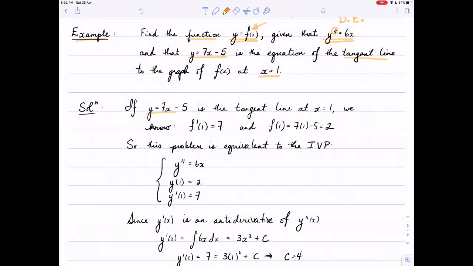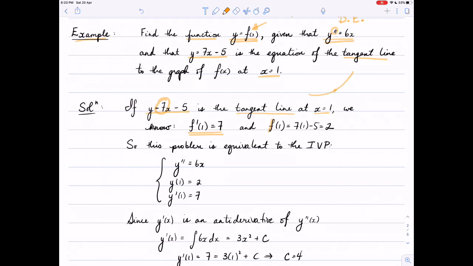And if y equals 7x minus 5 is the tangent line at x equals 1, well, we know two things. The slope of the tangent line is sitting right there, and that slope is given by the derivative. So we know that f prime at x equals 1 must be 7, the slope of the tangent line. Also, the function f must go through the same point, right?